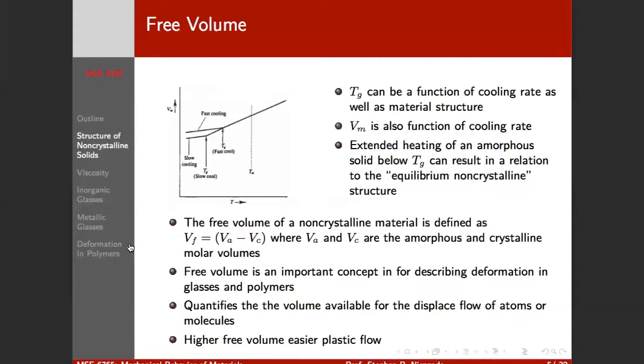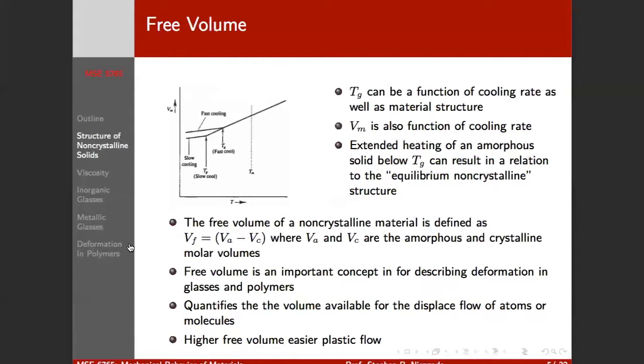And also, this tells us a couple other things. That our mechanical properties are very dependent on the history of our sample. So our complete thermomechanical history is going to affect our properties.